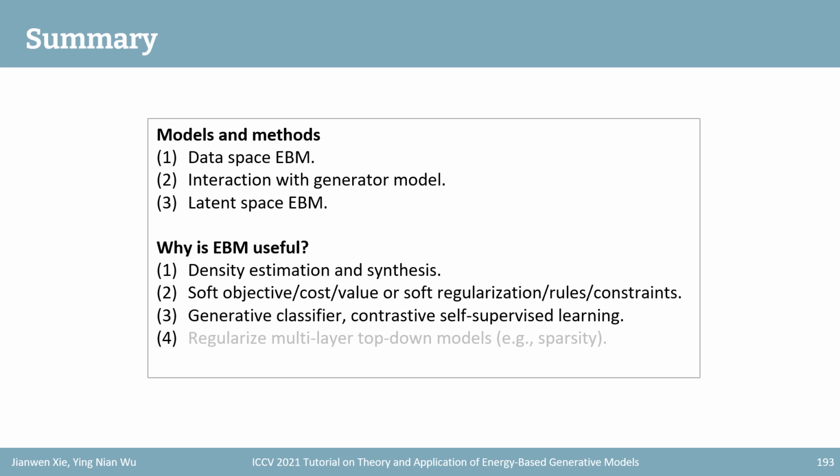But just to summarize, first, it can be a very good density estimator, and also it can be a very strong synthesizer. So it can generate very realistic images, especially because on top of the generator in the cooperative training, there's also a refinement process guided by a learned energy function or objective function.